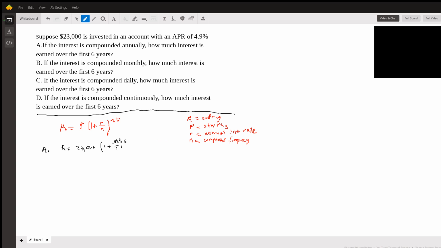I'll do the first one for you. 1.049 raised to the 6, times 23,000. So 6 years later, this 23,000 investment would have grown to 30,646. And so it's just calculator work.